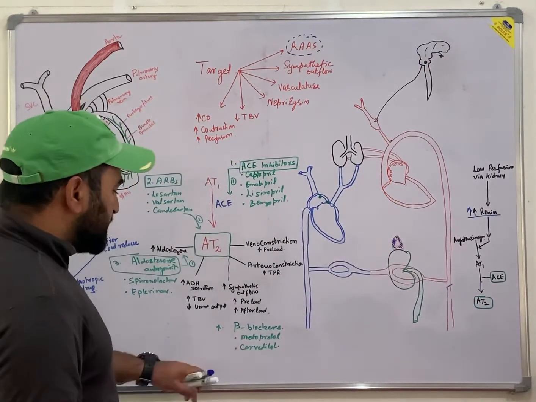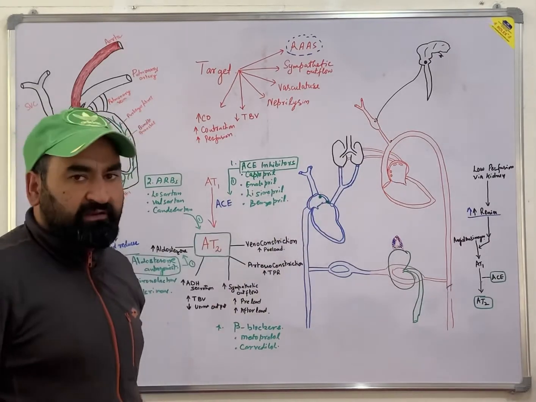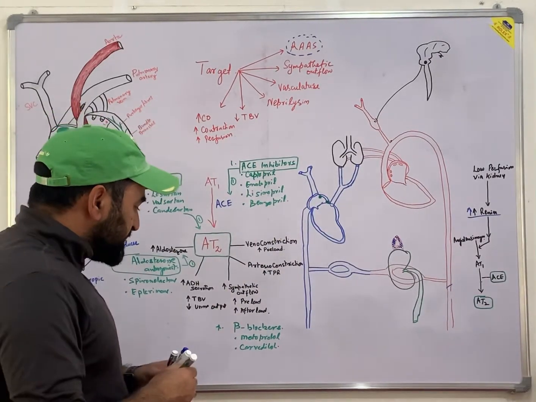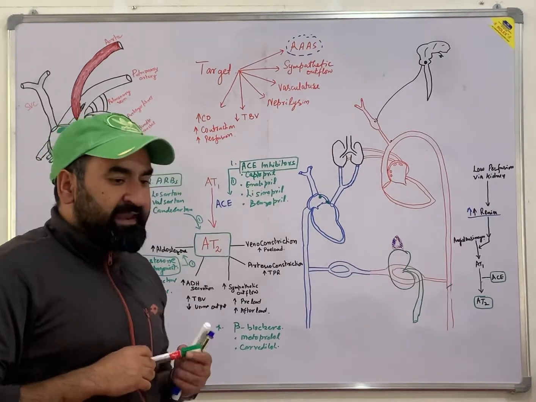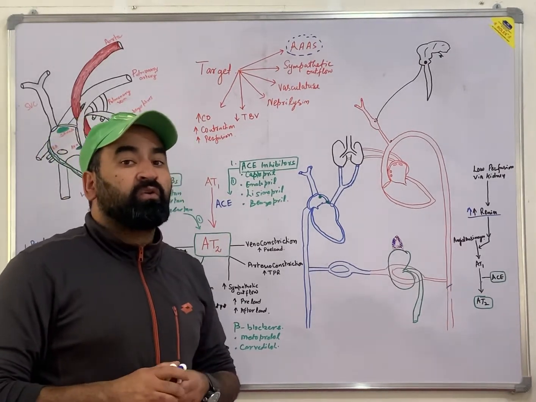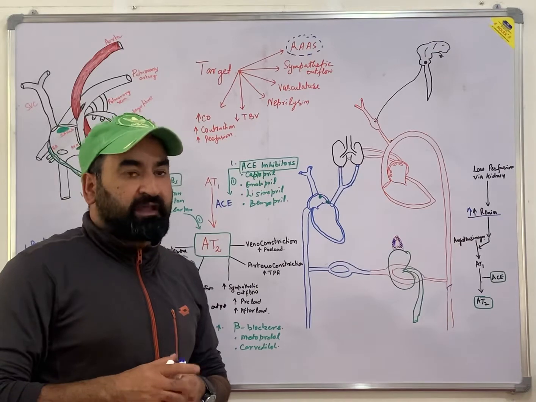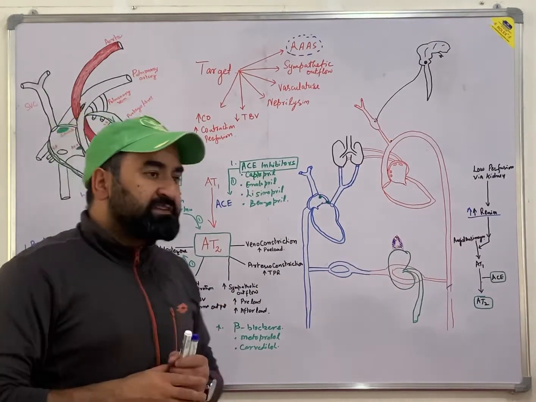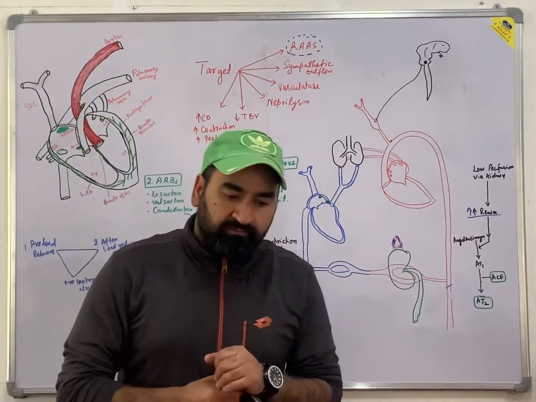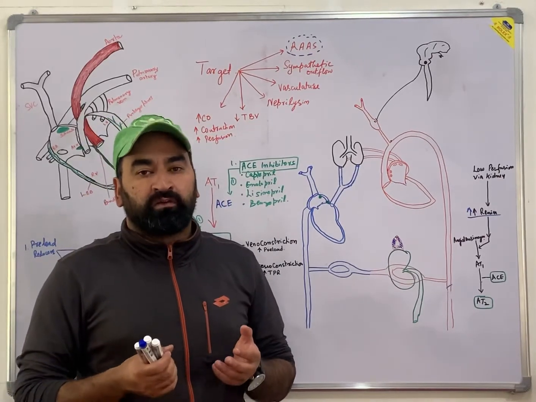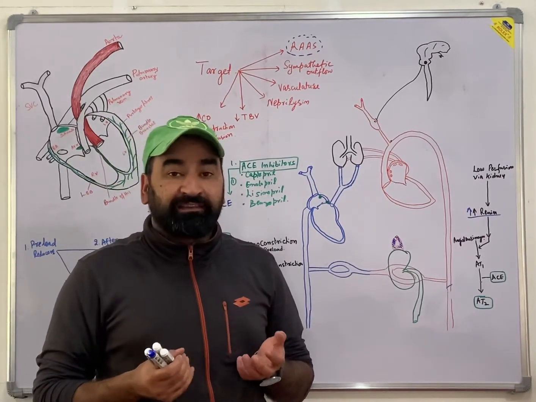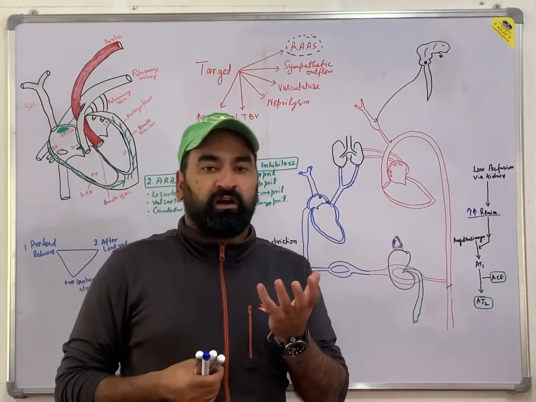What happens if they block the beta receptor at the SA node? They are acting as negative chronotropic. Your heart gets oxygen in the diastolic phase.